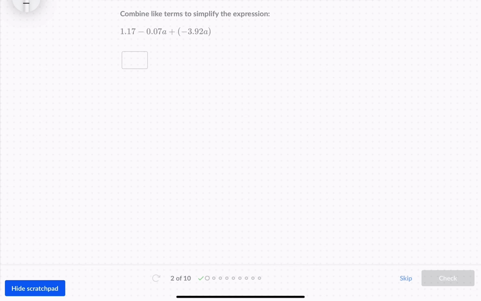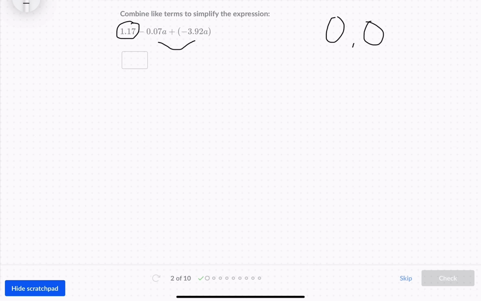I like to call it the same last name. So the variable, you can only combine it. We can't combine this because it's a constant, 1.17. So first we're going to combine these two. We're just going to add them together and keep the negative sign.